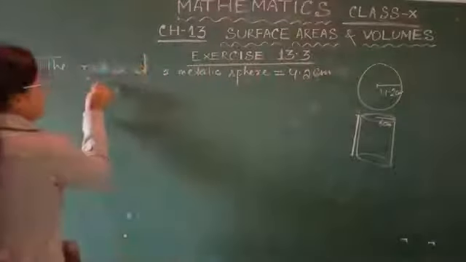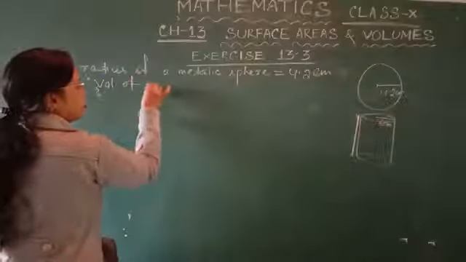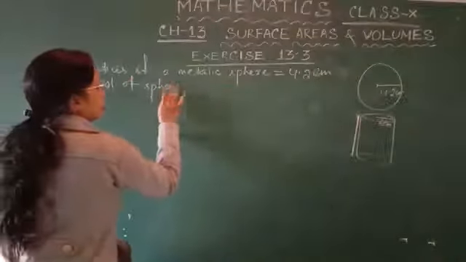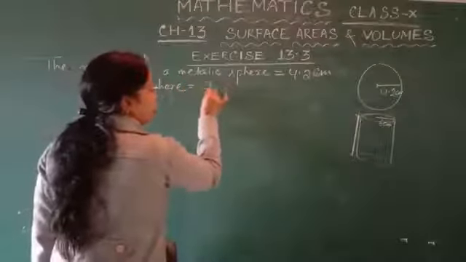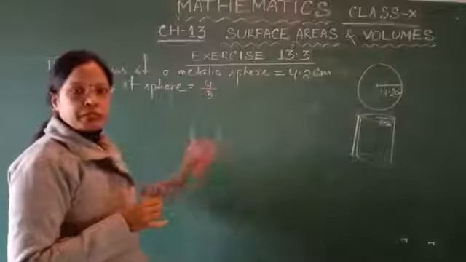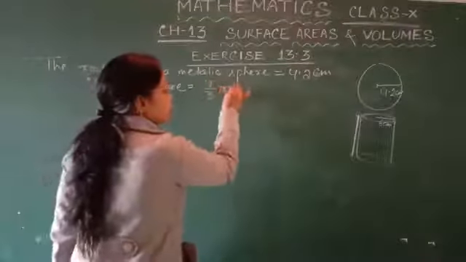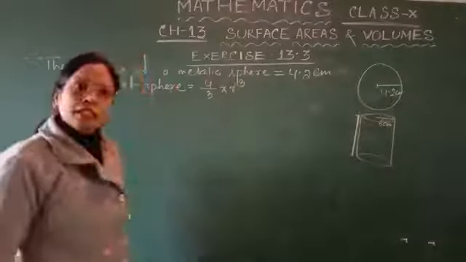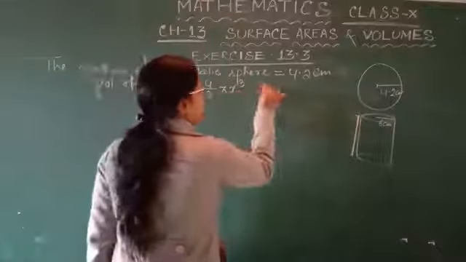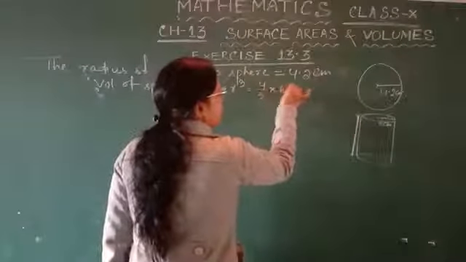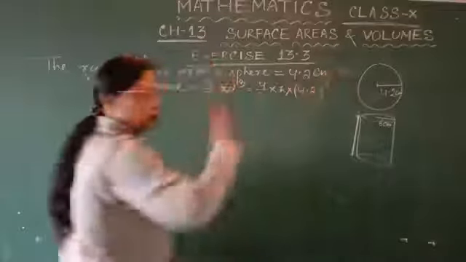Now the volume of a sphere is equal to what? I think all of you know the formula to find the volume of the sphere. That is 4 upon 3 pi r cube. So that is equal to 4 upon 3 into pi into 4.2 cube.